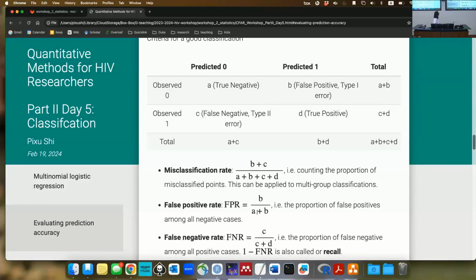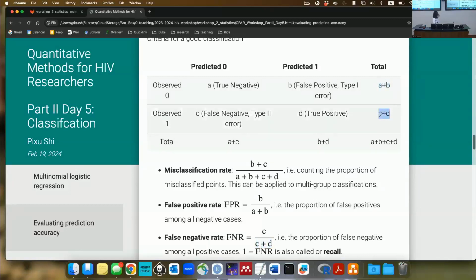The denominator is going to be given. The denominator doesn't depend on your classifier. It's the numerator that depends on the classifier. So for logistic regression, when you move that line across that plane for different cutoff values, this A plus B is not going to change. This C plus D is not going to change because those are the number of observed zeros.